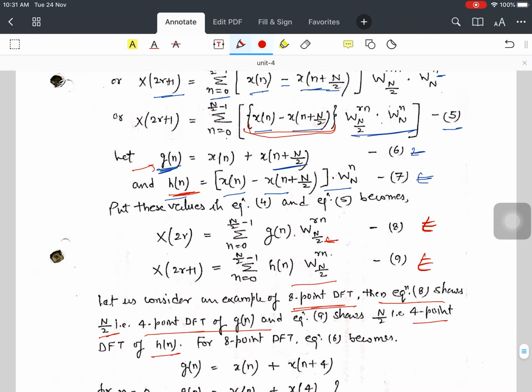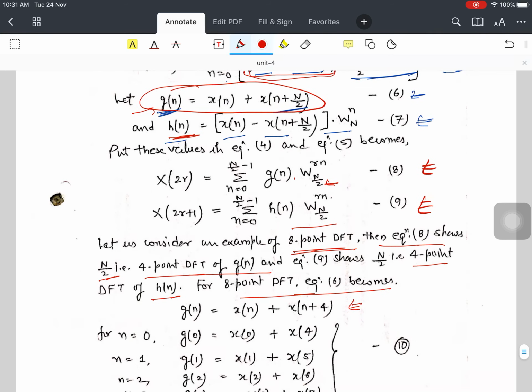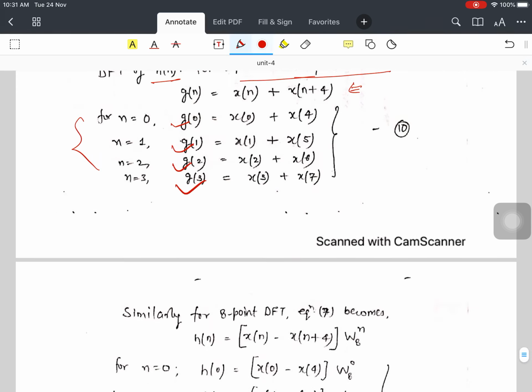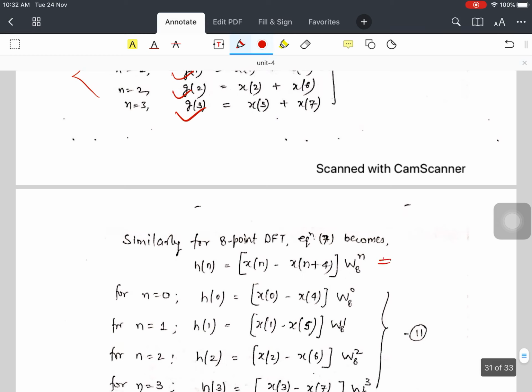Okay. For 8 point DFT, equation 6 becomes g[n]. If I talk about this equation 6, when you put capital N equal to 8, that will be g[n] equal to x[n] plus x[n+4]. Okay. So, when you put different values of n, we will get g0, g1, g2 and g3. Same will be in the case of h[n].